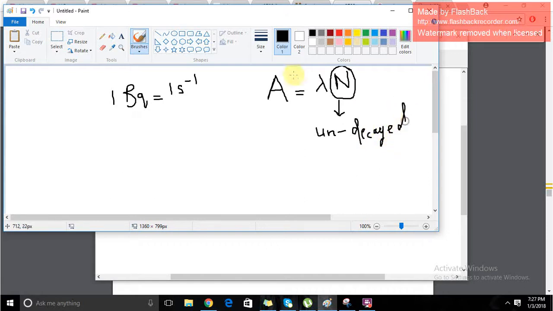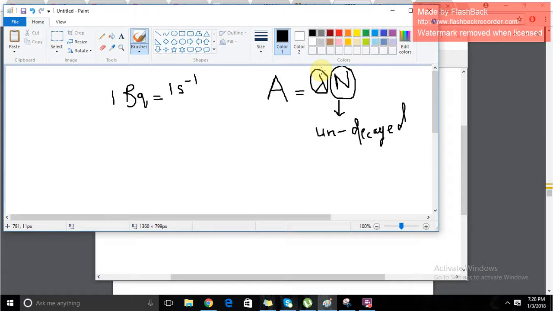And it also depends on something called the decay constant, which is the probability of a nucleus decaying, or the probability of an individual nucleus decaying per unit interval.